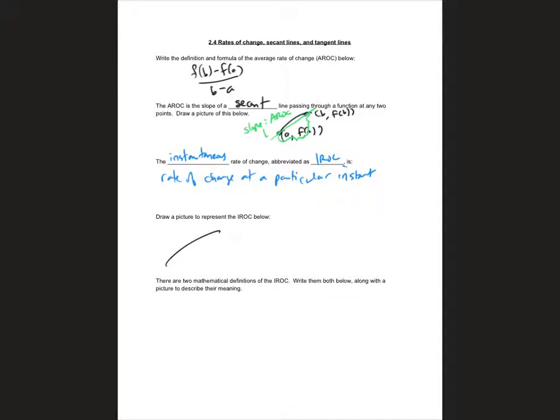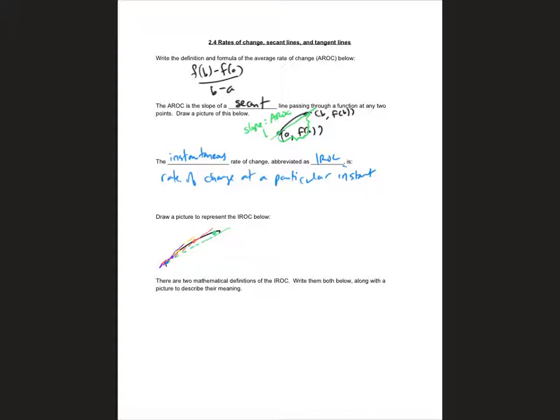So if we had a graph and we were talking about an AROC, the slope of a secant line, the way we would find an instantaneous rate of change at, say, a point like this, is we would think about finding AROCs over smaller and smaller intervals, with the idea being that if we can make the interval between the points really, really tiny, it's almost like measuring the change at that instant.